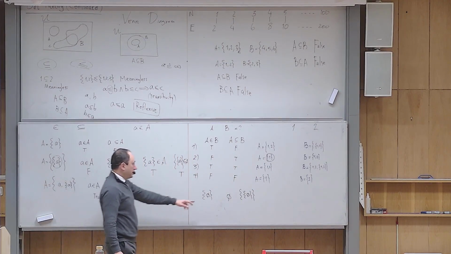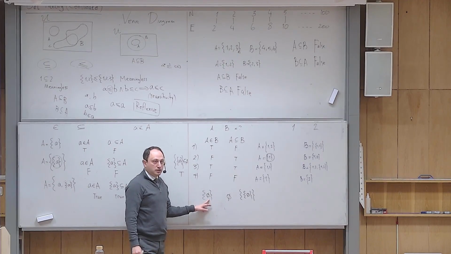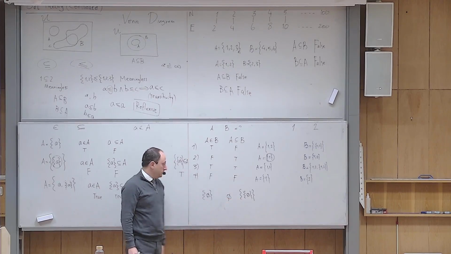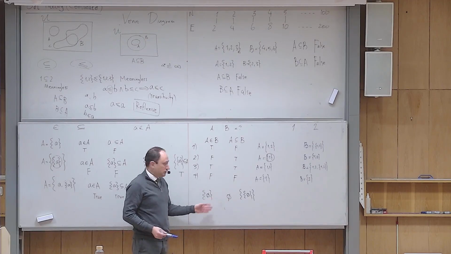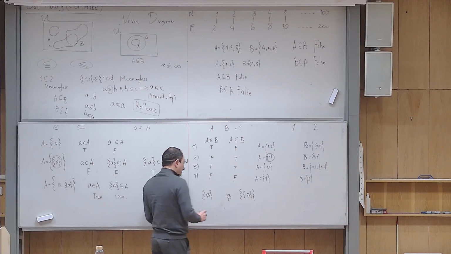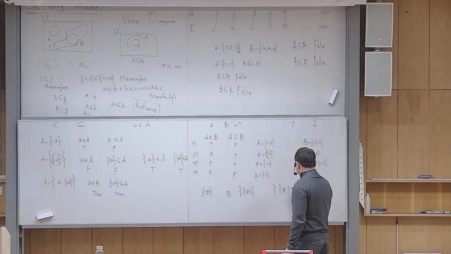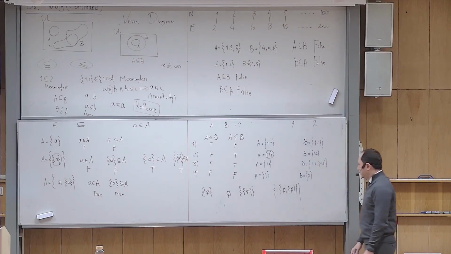Okay, what is the cardinality of the empty set? What's the cardinality of this set? What's the cardinality of that set? 1. Okay, but I want you to understand, are these two the same? No. Okay, but what about this one? What's the cardinality of this?